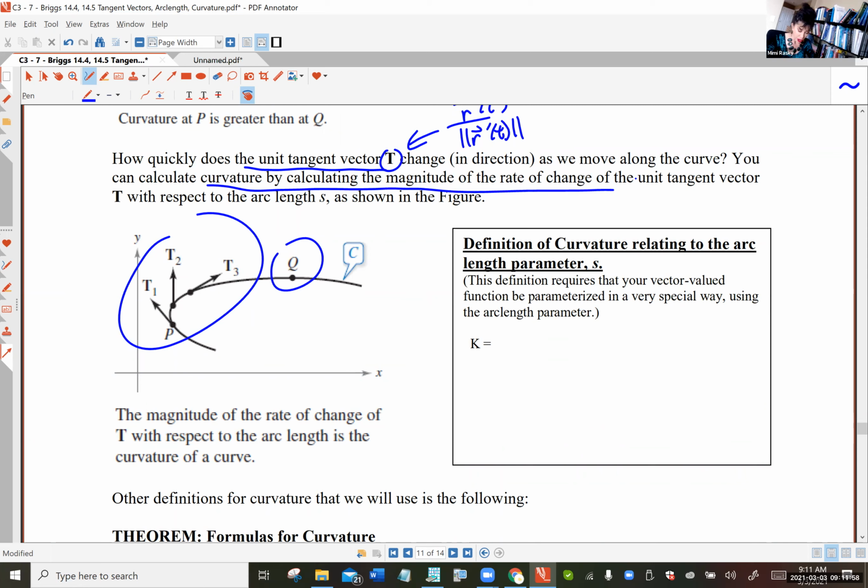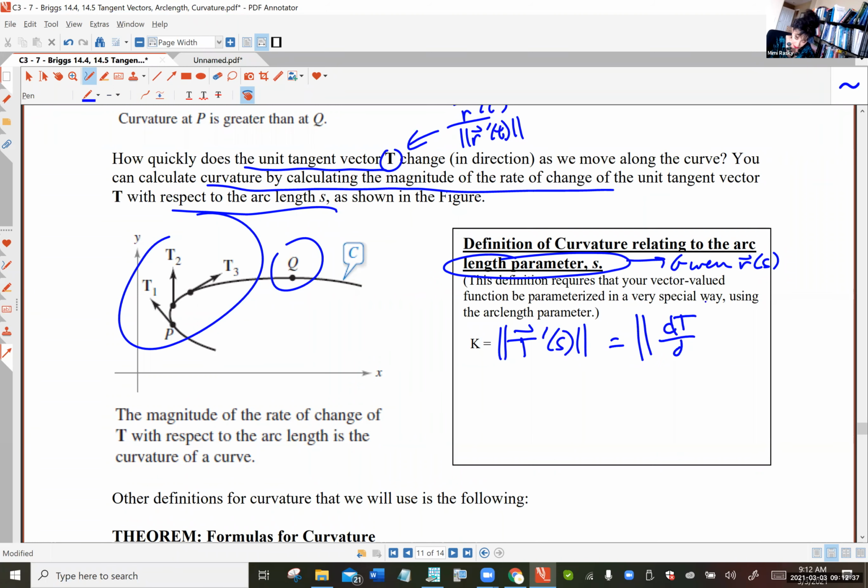So I'm going to give you several curvature formulas, okay? One of the curvature formulas, which relates to the arc length parameter: if you have your curve already parameterized by the arc length parameter, so you're given r(s), then you can measure your curvature by finding the magnitude of T'(s). You might see it in some books like this, same thing.